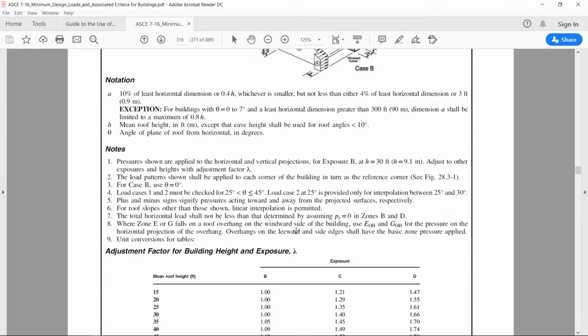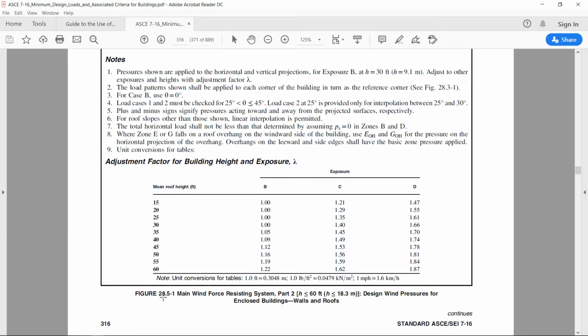Here is the figure 28.5-1. This is the value of lambda. Our condition is exposure C, and roof mean height is 15. So that means for us the value of lambda is 1.21.